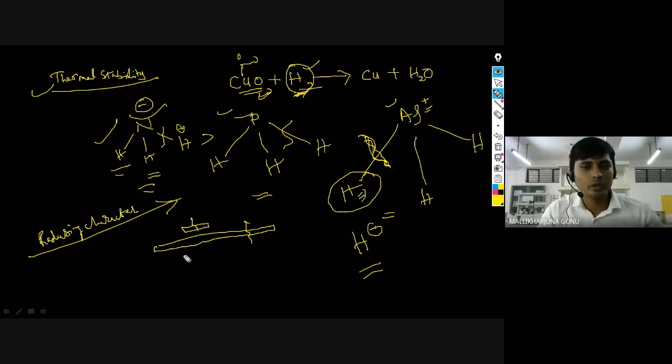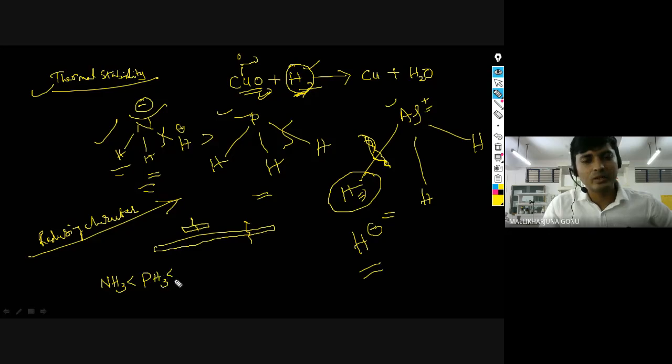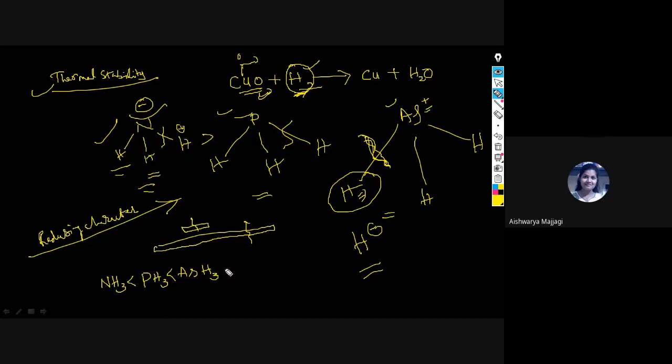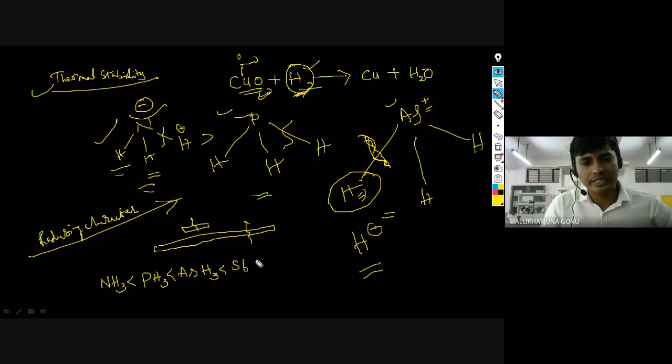So now if you go down the group, how will the basic character be? NH3 is lesser than PH3, then AsH3, SbH3, BiH3.